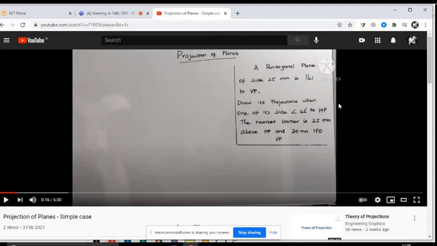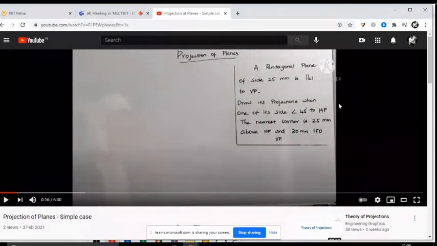Sir, the true shape won't be visible. True shape will not be visible. Yes, sir. True shape will be visible on the front view.